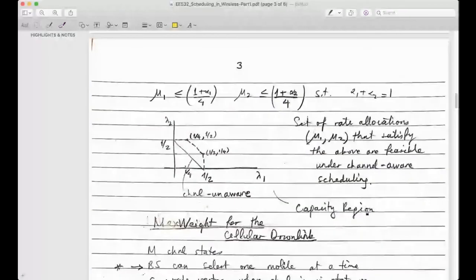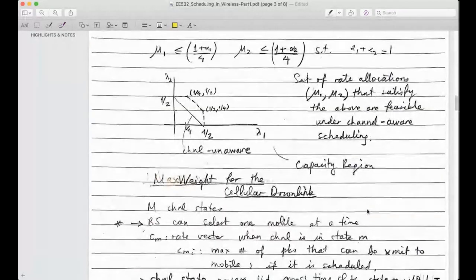So then what is the region of rates achievable by channel-aware scheduling? The service rates are (1 plus alpha 1) over 4 and (1 plus alpha 2) over 4, such that alpha 1 plus alpha 2 add to 1. What kind of region is that?